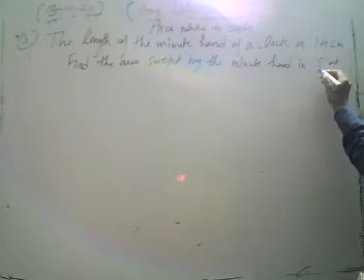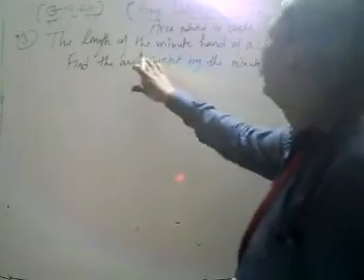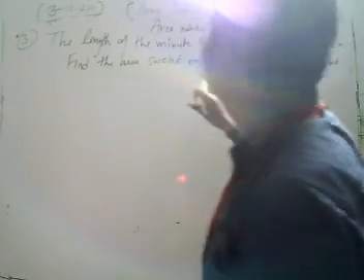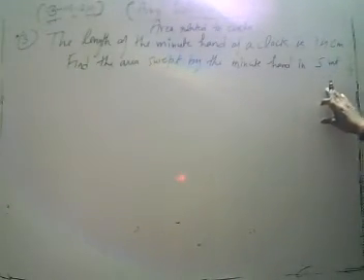Sorry, it's given 5 minutes there. Now look, the length of the minute hand of a clock is 14 centimeter. The length of the minute hand means it's our radius. Find the area swept by the minute hand in 5 minutes.